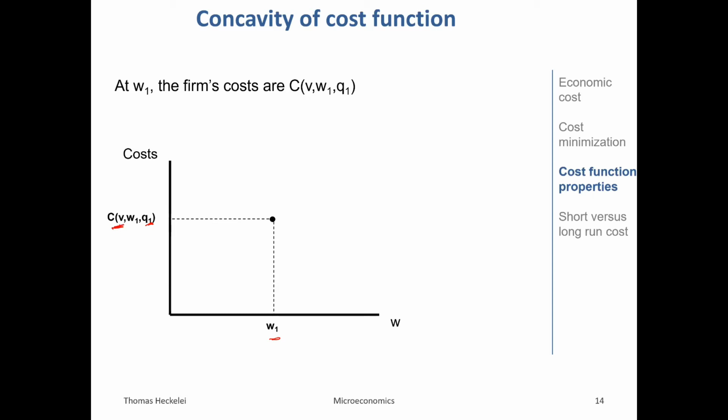And with this input price, we have this cost. Now imagine that we're not allowed to adjust our input mix. Everything is fixed and W increases. What happens?